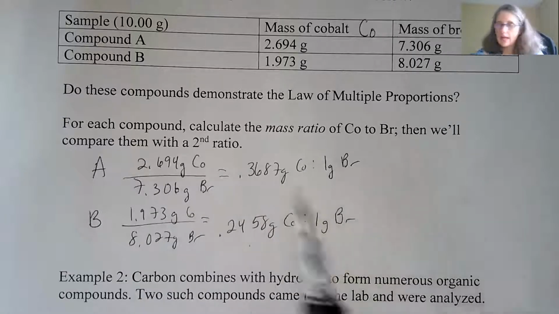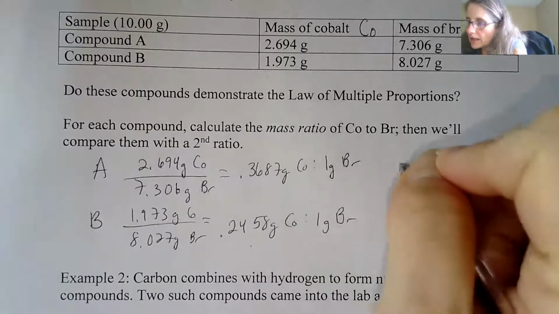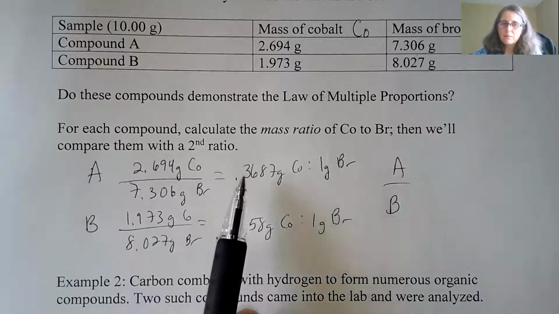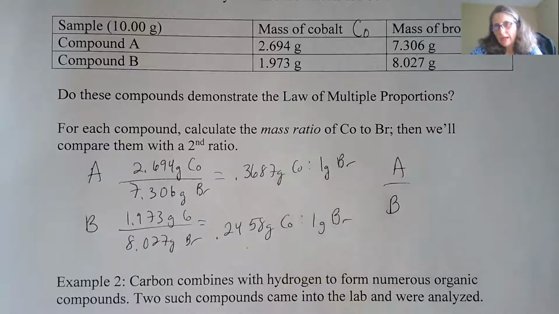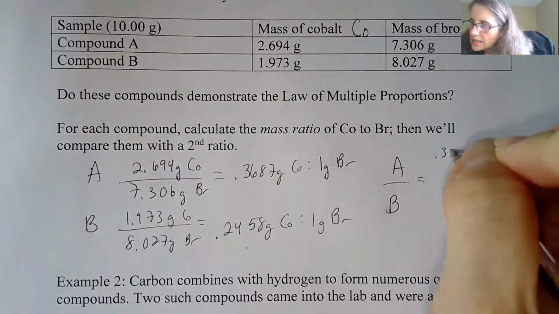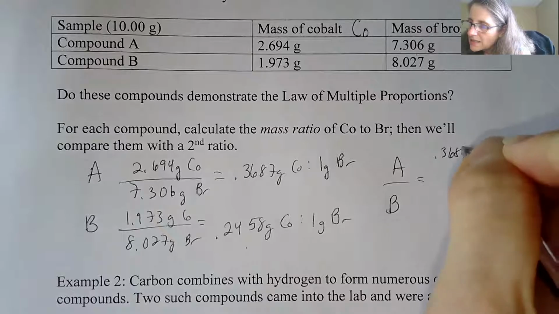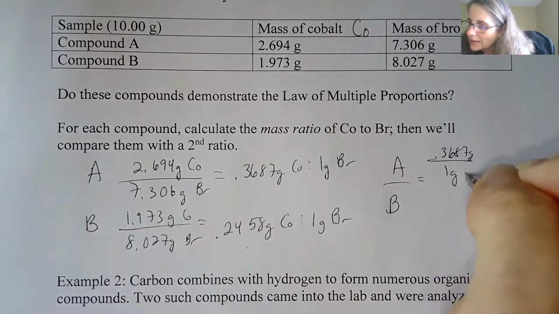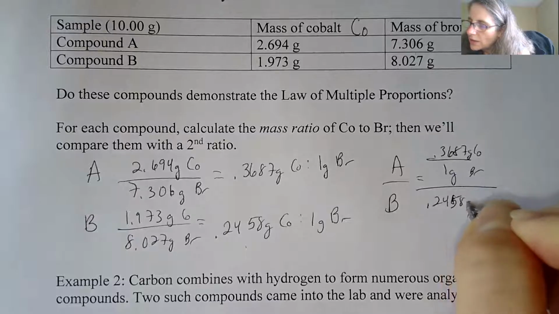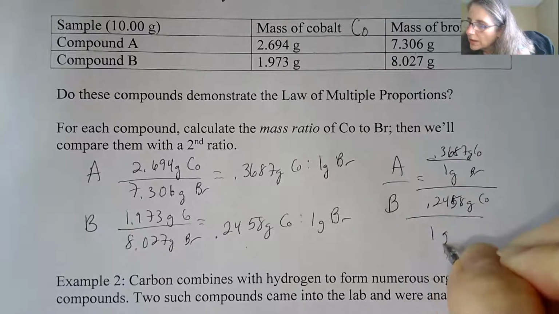So now I have to take A over B. The reason I'm going to take A over B is because that's a bigger number than this, so it just makes your head not hurt to do the math. You can do it the other way, but then you're looking at more of a fraction, and sometimes that bothers people. So I'm going to take 0.3687 grams over 1 gram cobalt to bromine, and I'm going to divide that by 0.2458 grams of cobalt to 1 gram of bromine.